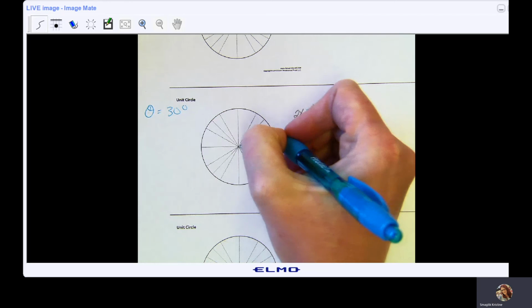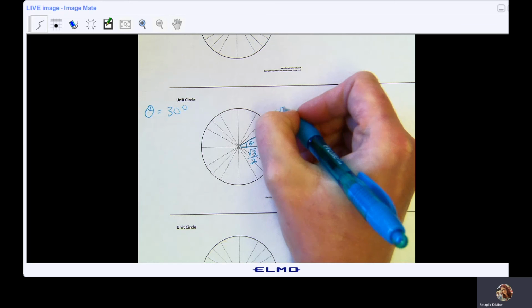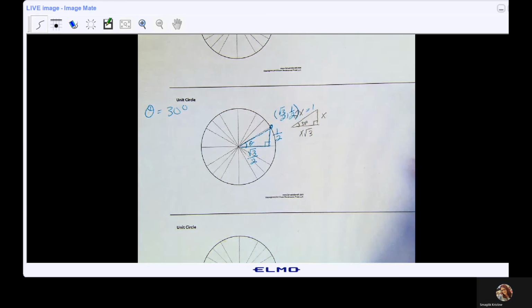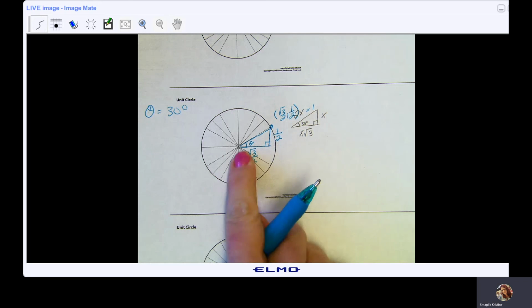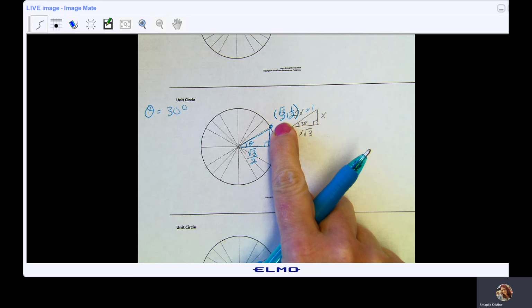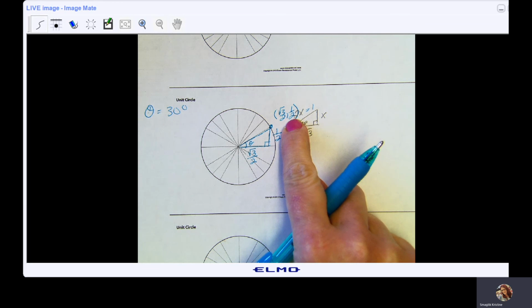So the ordered pair here is my cosine, square root 3 over 2, and my sine is 1/2. And again, what this means too is when you're asked to evaluate cosine of 30 degrees, cosine of 30 degrees is the square root 3 over 2. The sine of 30 degrees is 1/2.